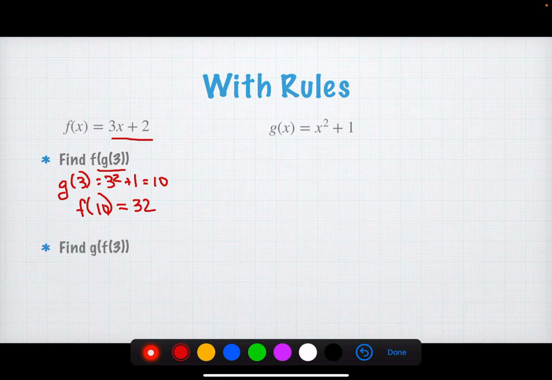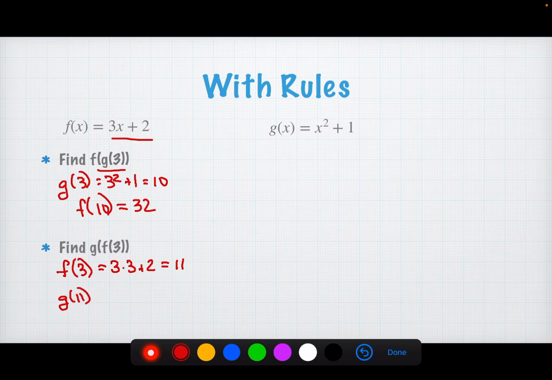The order matters. So I did f of g of 3. Now let's look at g of f of 3. That means I start with f of 3, which is 3 times 3 plus 2, which is 11. Then I plug that answer into g to get 122. So not the same answer as when we did f of g of 3.